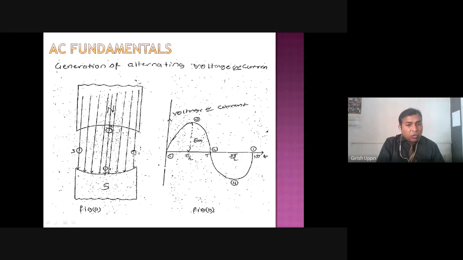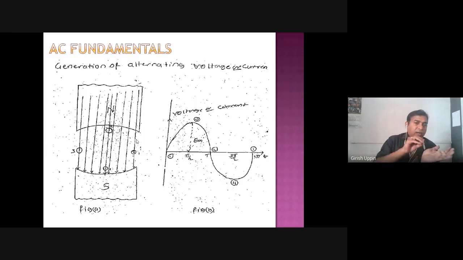When I am moving the conductor from position 1, the direction of motion is exactly opposite to the flux, but both are in the same line. So how much magnetic flux will be cut?